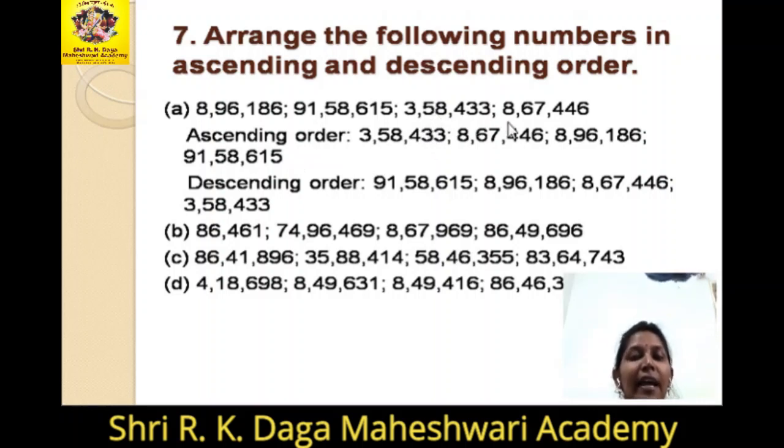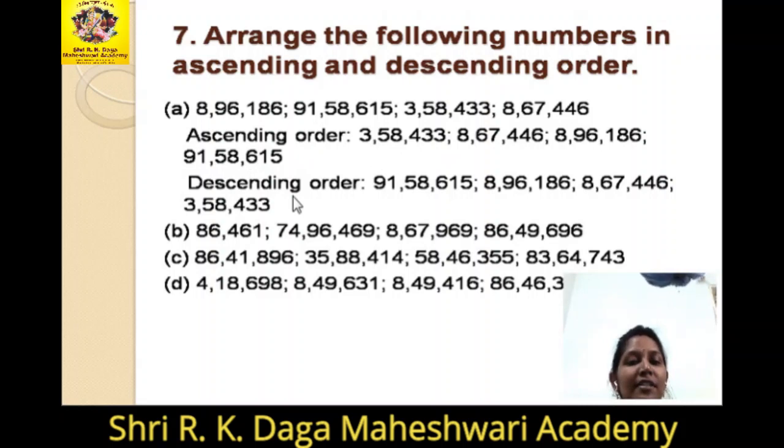After this 8,67,000, because here we have 8,96,000. So the second will be 8,67,446. At third place we will write 8,96,186, and the greatest among these numbers is 91,58,615. So here we have written this number in ascending order, that is from smallest to greatest.